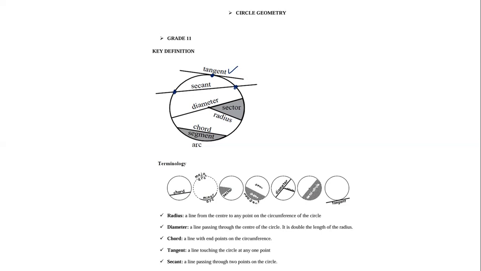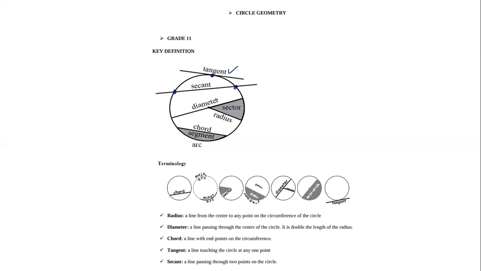So something might look like a diameter, but if you're not told that it is a diameter, it is not a diameter. If you are not told that this line is a diameter, or if you're not told that we have a center, that means this line is not a diameter. So a diameter is a line that always passes through the center of the circle.